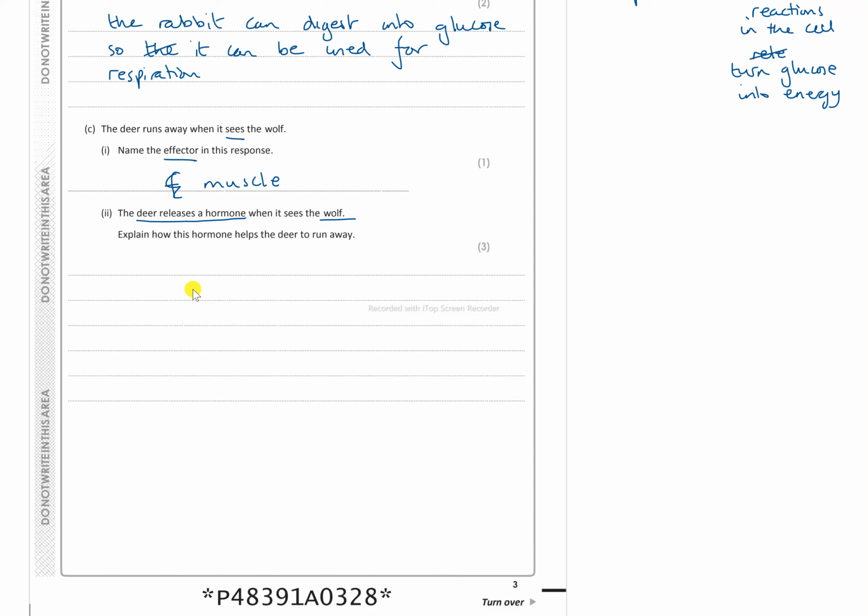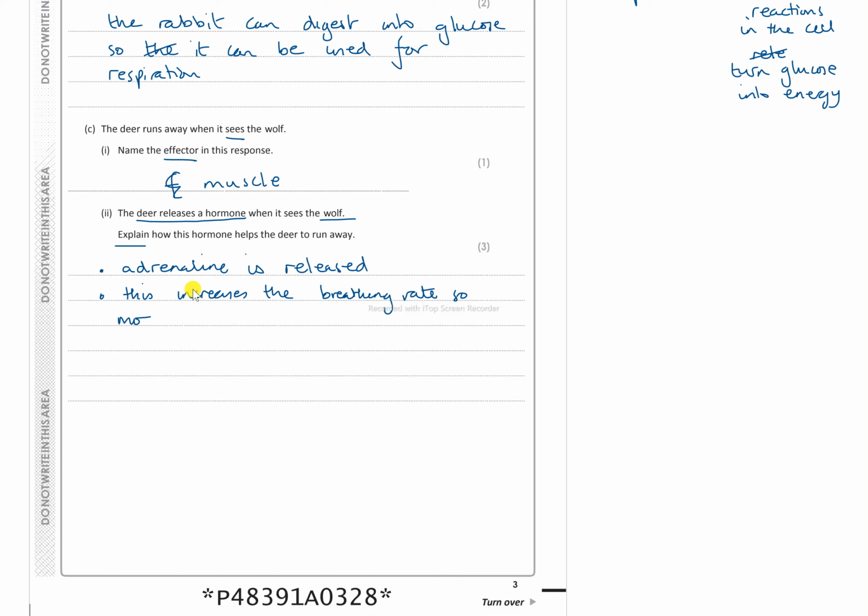What is this hormone? Explain how this hormone helps. Right, okay. So we know it releases adrenaline. Adrenaline is released. Right. This increases the breathing rate.